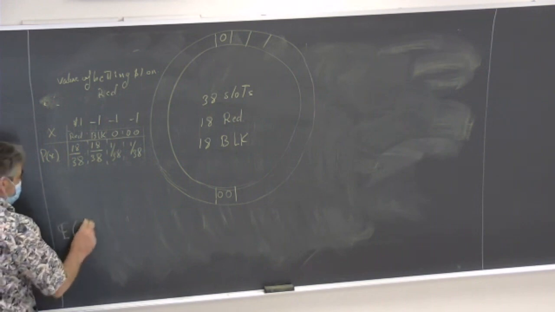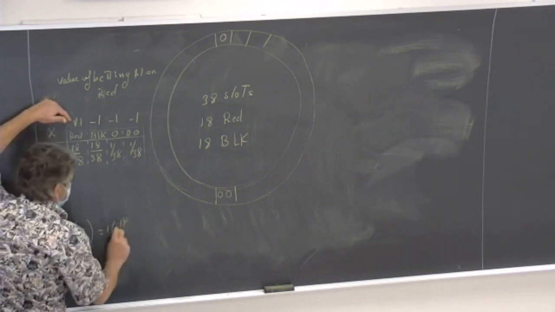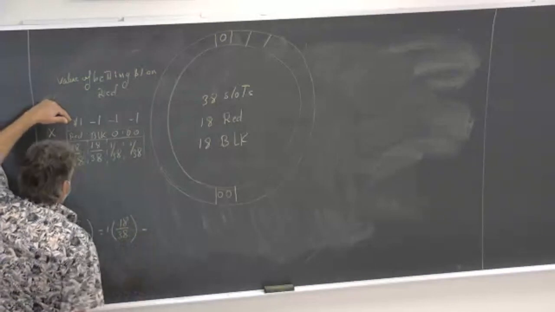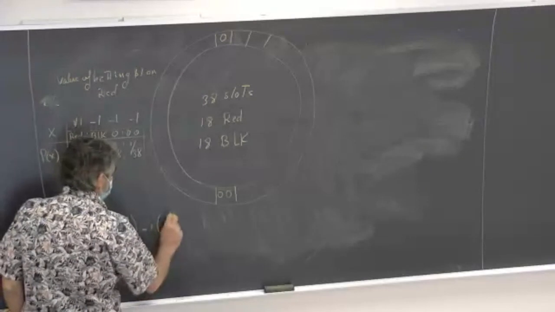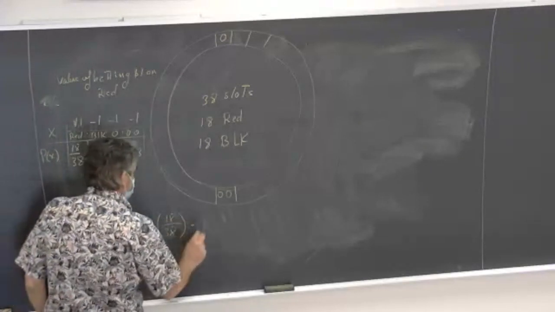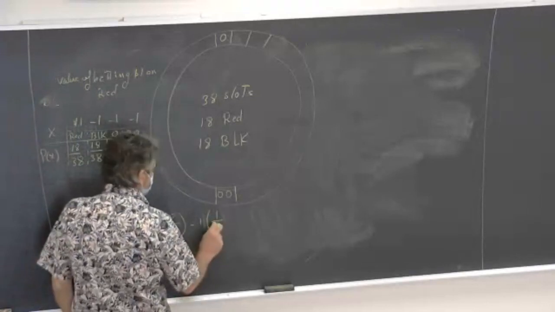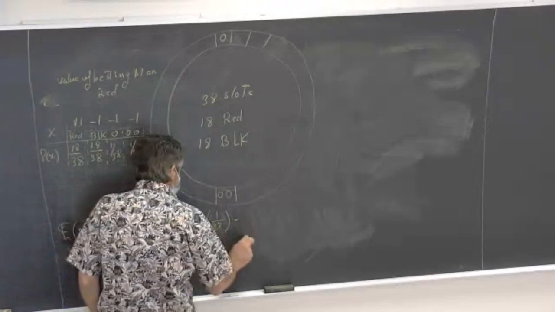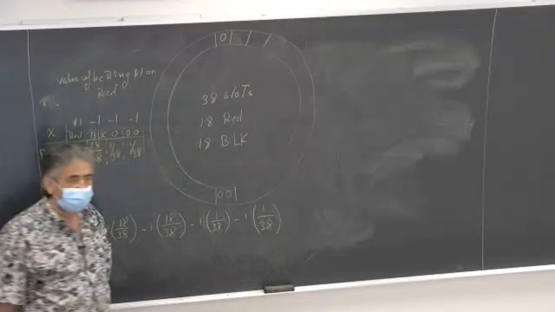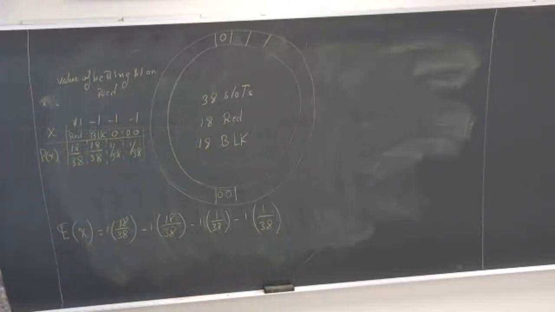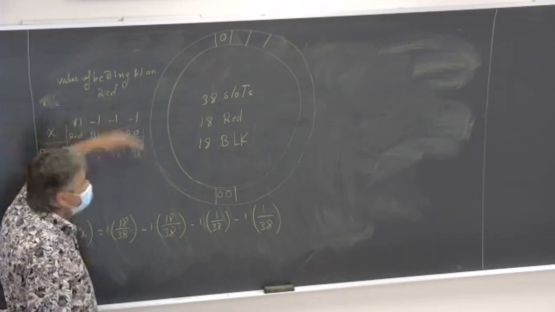So we can say E of x is 1 times 18 over 38, that's your winning, minus 1 times 18 over 38, minus 1 times 1 over 38, minus 1 times 1 over 38. Yeah? So we're going to take every scenario, probability times the value, probability times the value, probability times the value.